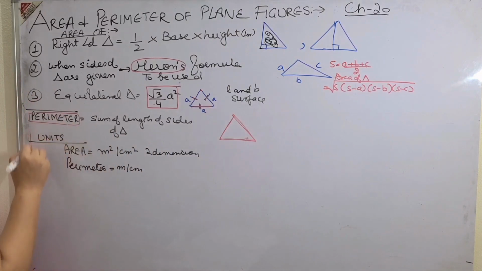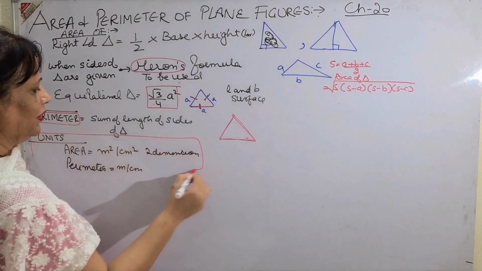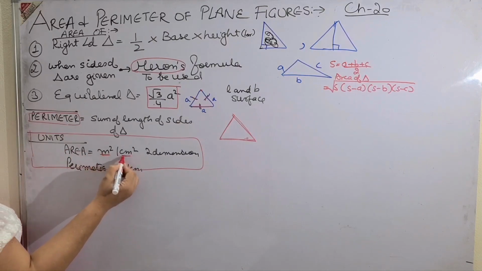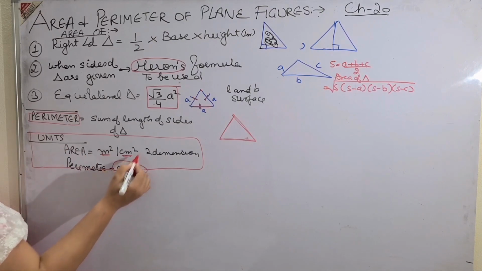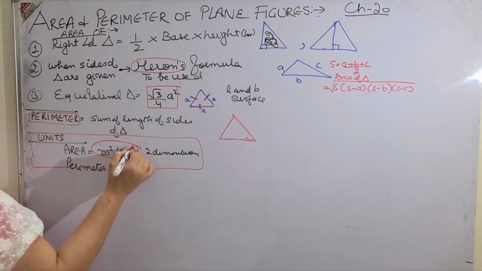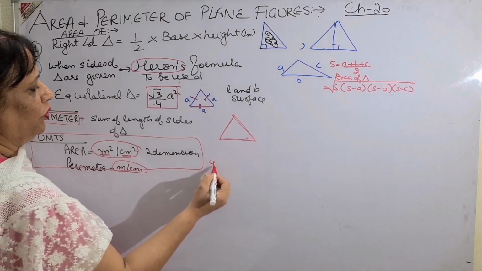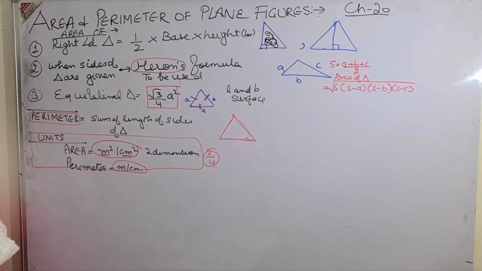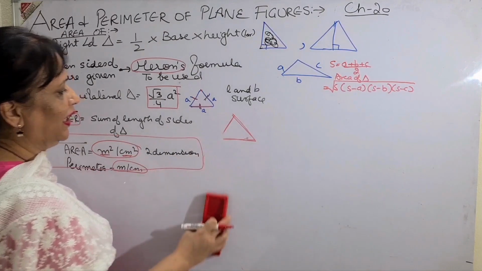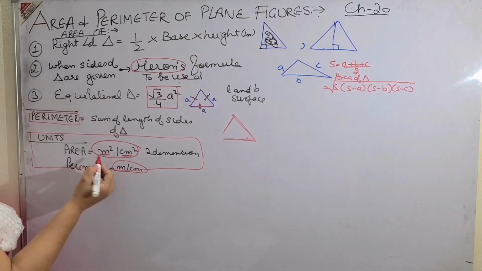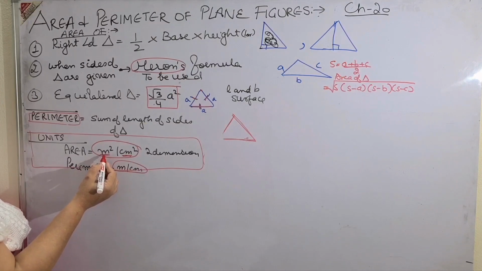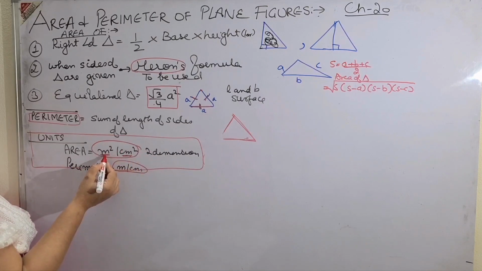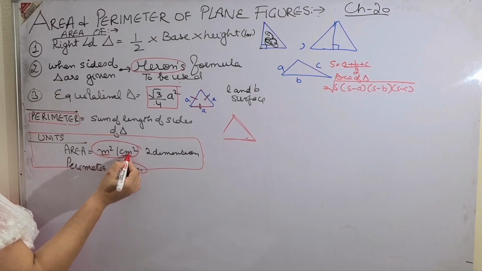Then comes the most important part of the chapter, which carries marks also. After doing the sum, you have to be very careful with the units, because if you do not write units, you will get 2 marks out of 4, half marks are cut. So you have to write the units. Area is two dimensional, the formula will be half into base into height, and the unit will be meter square or centimeter square.